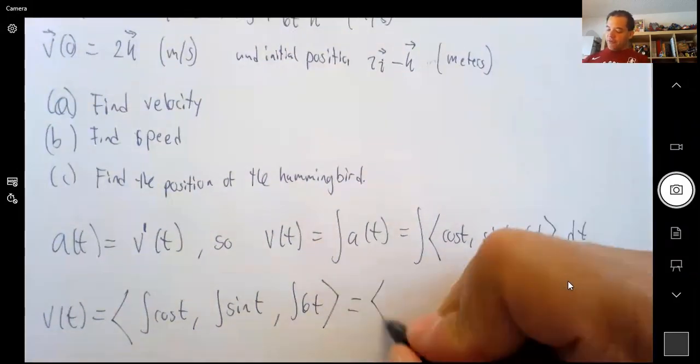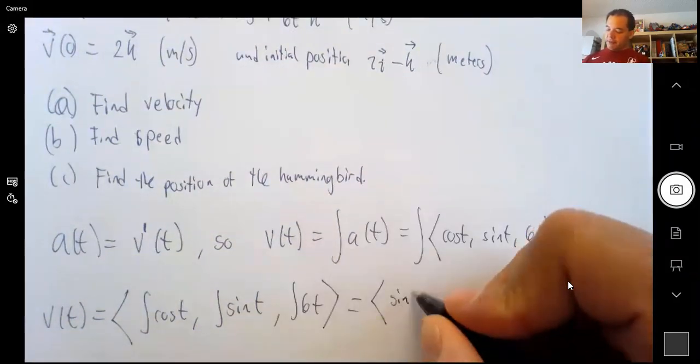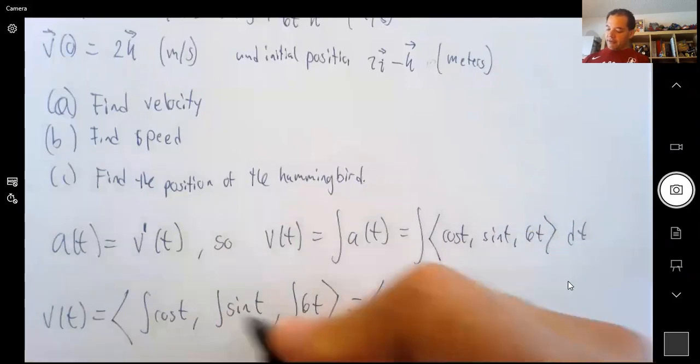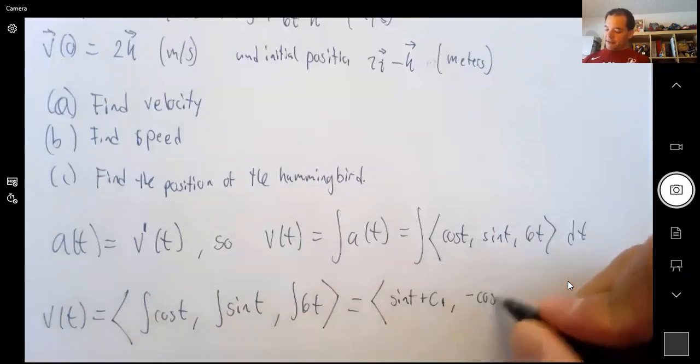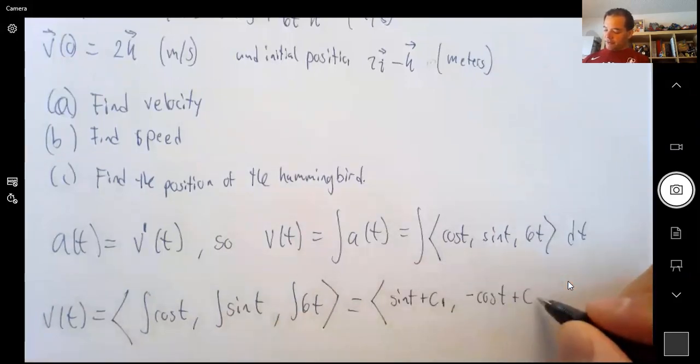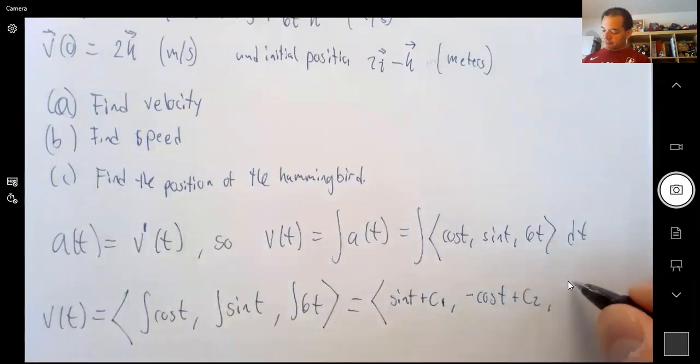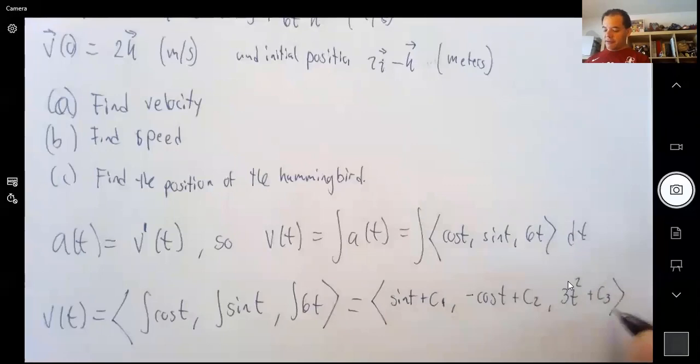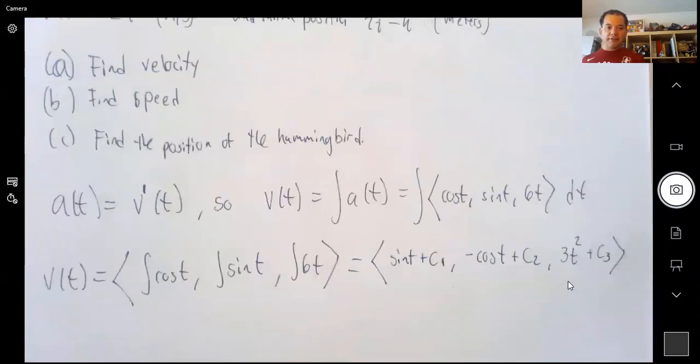The integral of cosine is sine plus some constant. The integral of sine is negative cosine plus some other constant. And the integral of 6t is 6t squared over 2, so 3t squared plus some constant c3. That's our velocity.